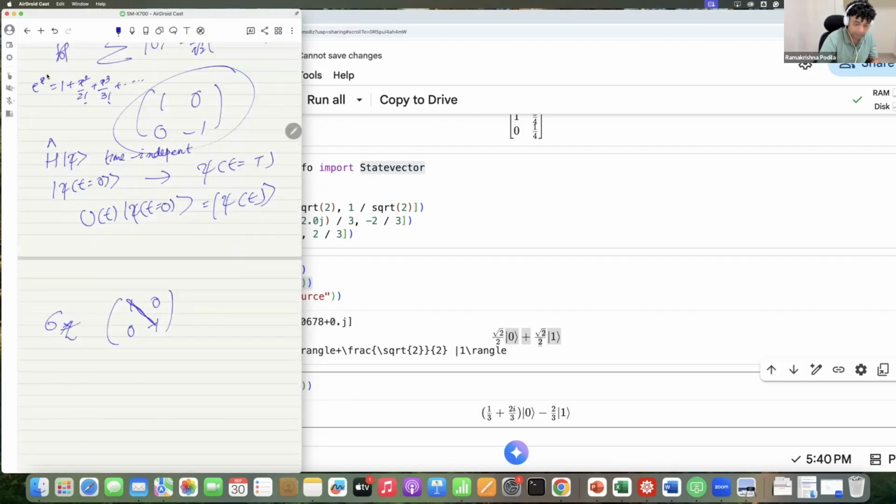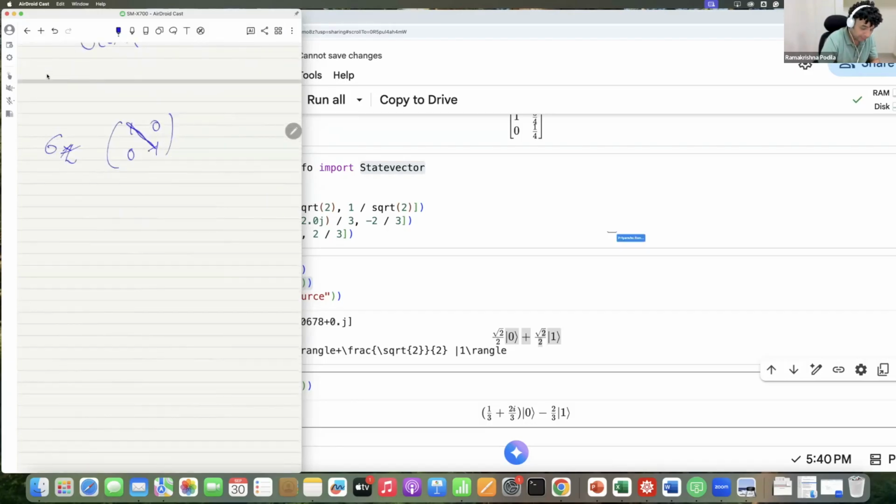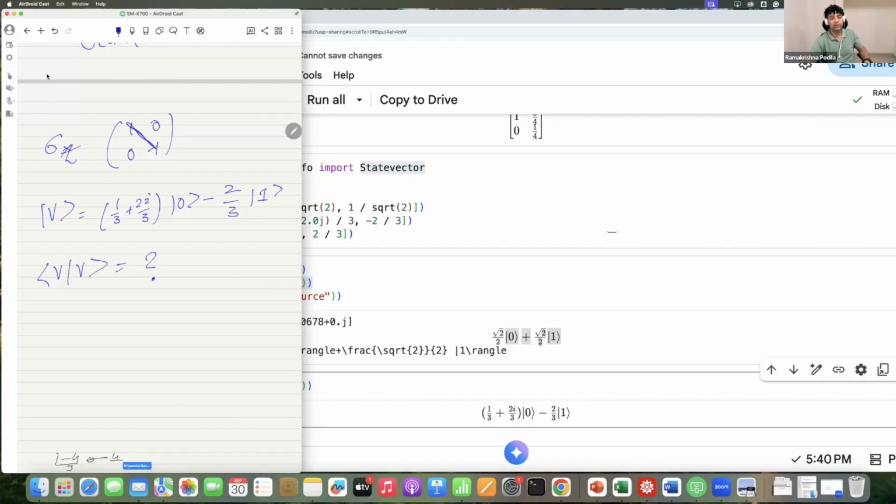So what we have is vector v ket is given to be 1/3, 2i/3, 0, minus 2/3, 1, right? So if it is a normalized and valid vector, then what should be the value of the inner product of v with v?